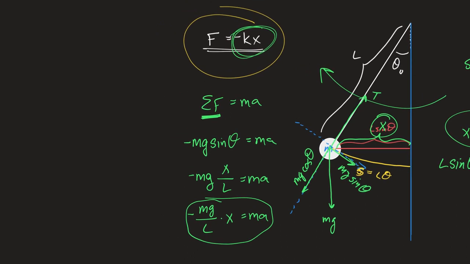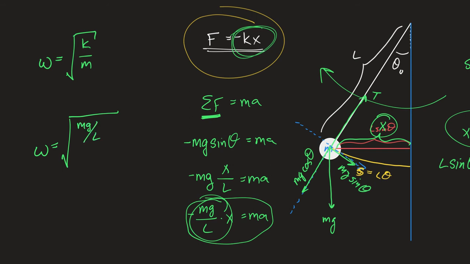If that's true, then omega being the square root of k over m can be rewritten for a pendulum as the square root of whatever this is for k. Now, you'll notice the m's cancel here, and we get that omega for a pendulum is the square root of g over L.